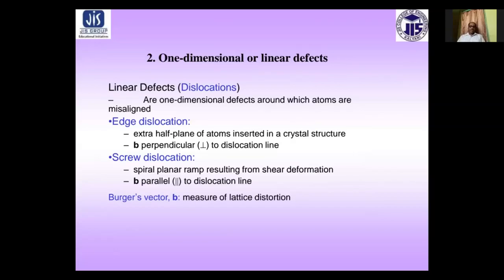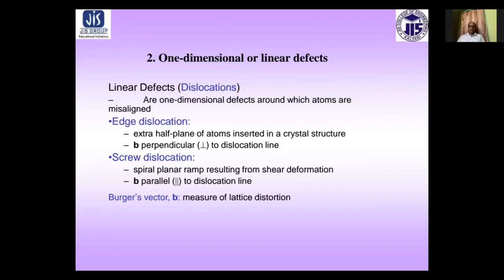It is defined as a part of a line of atoms missing from its regular site, and this missing row of atoms is called a dislocation. The distortion is centered along a line, and hence the line defect is called a dislocation.